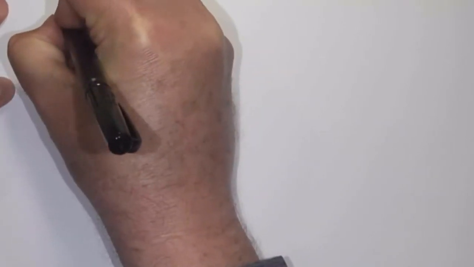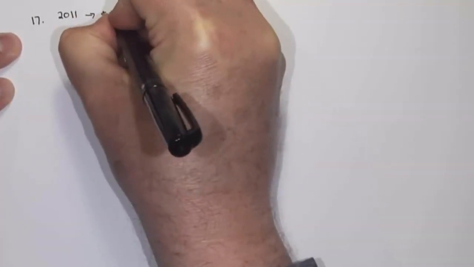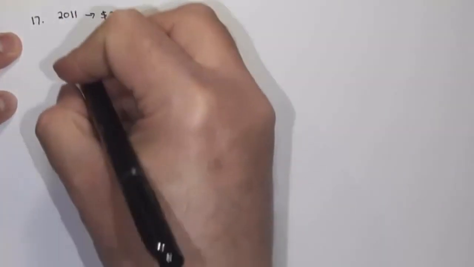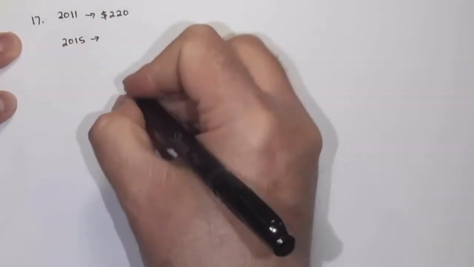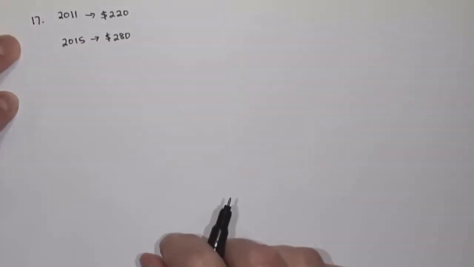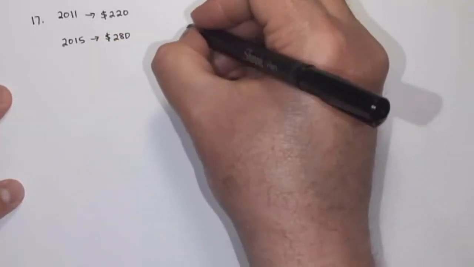Okay? So in problem number 17, we know that in 2011, the cost of the room was $220 a night. And in 2015, we know the cost of the room was $280 per night. And we're supposed to use an exponential growth model to estimate the cost of the room in the year 2019.